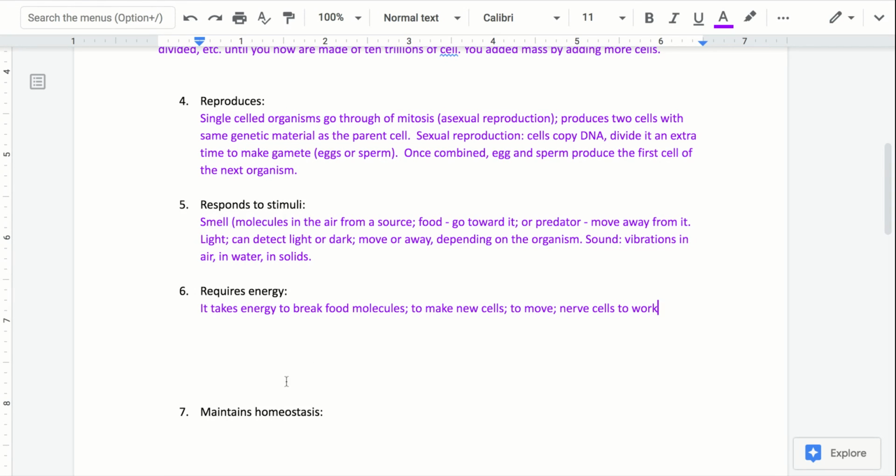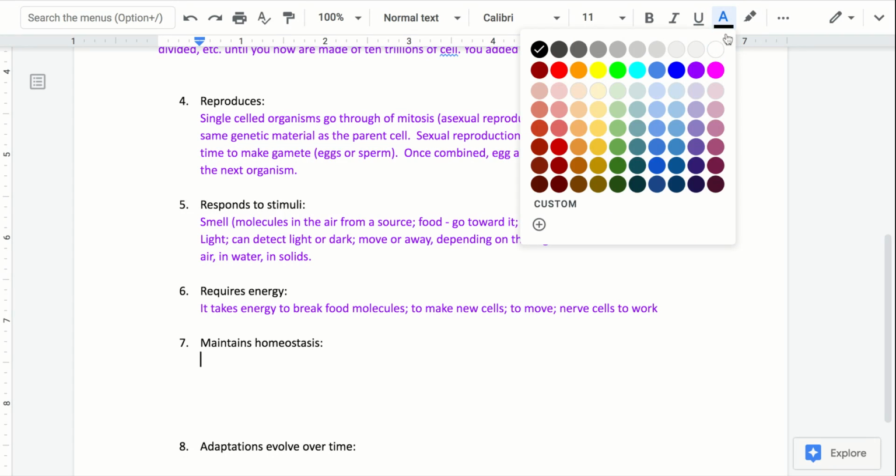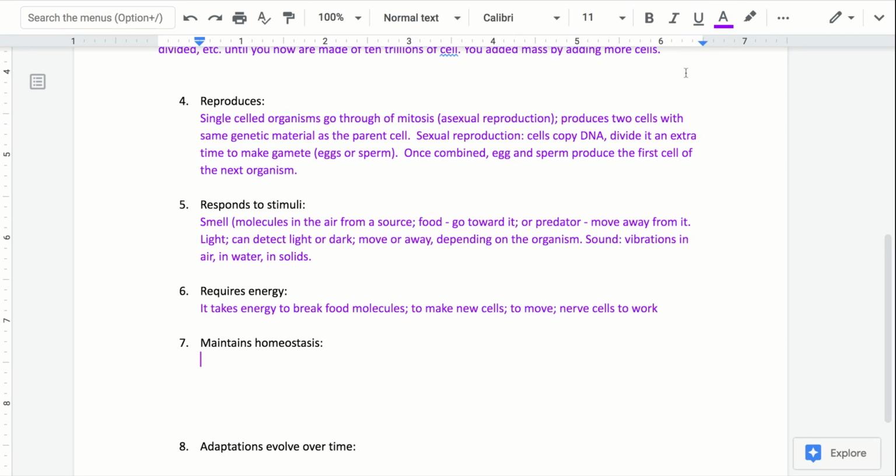Okay. All right, maintains homeostasis. We talked about all these things that they need. Maintaining homeostasis is the kind of the act of getting the things that they need and the act of getting rid of the waste that they don't.